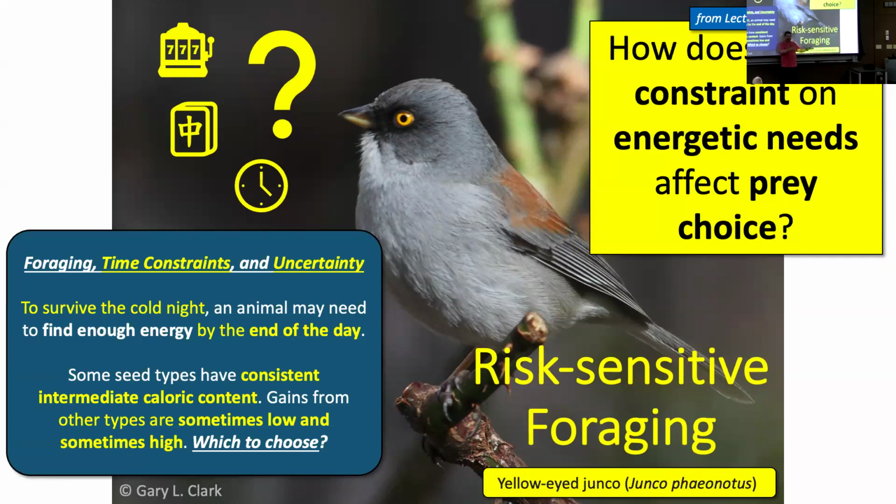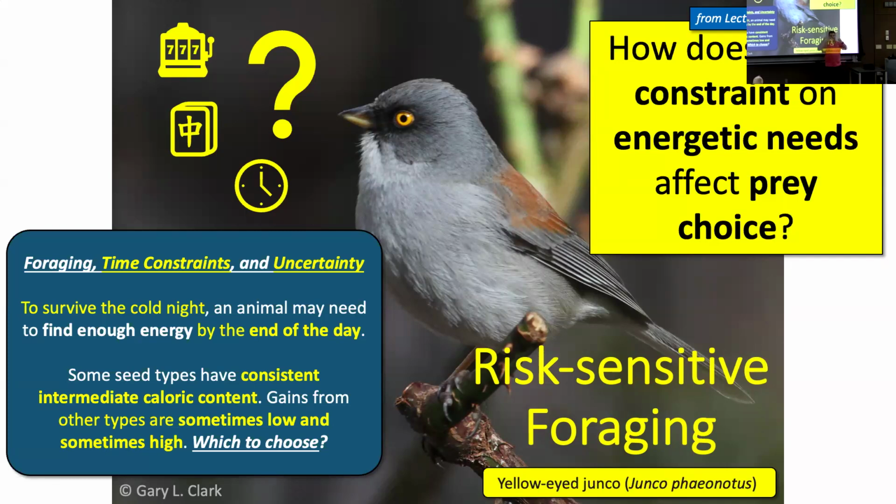I had the fuel analogy here, but for it, there are different seeds: some have consistent, intermediate caloric content. So some are just always roughly 50 calories. But there's other seed types that sometimes are just hollow shells. They don't have anything in them, but sometimes they're bountiful. They've got lots of high calorie seeds.